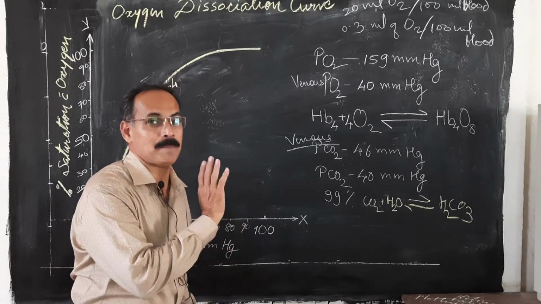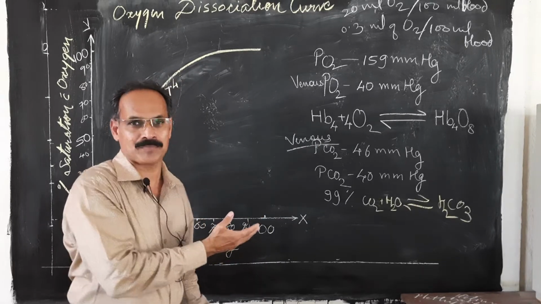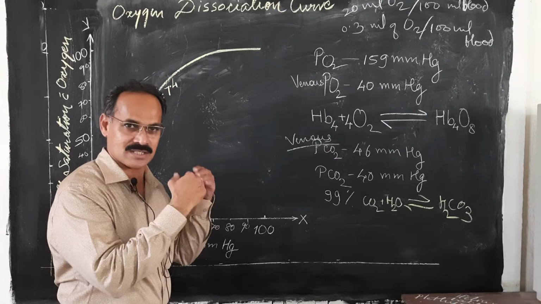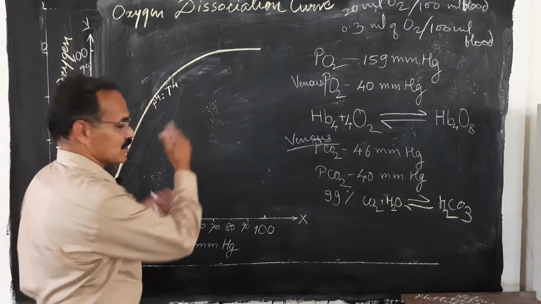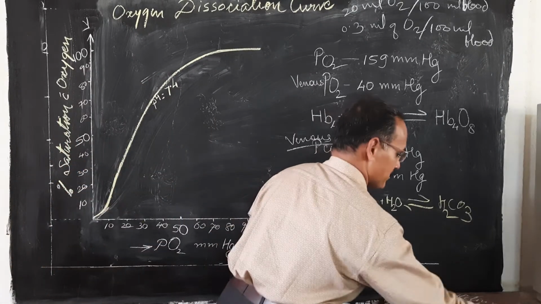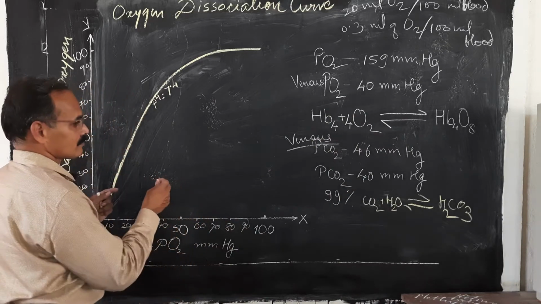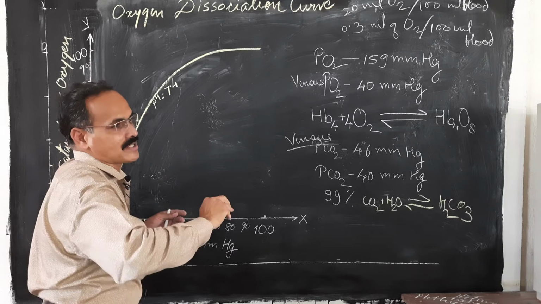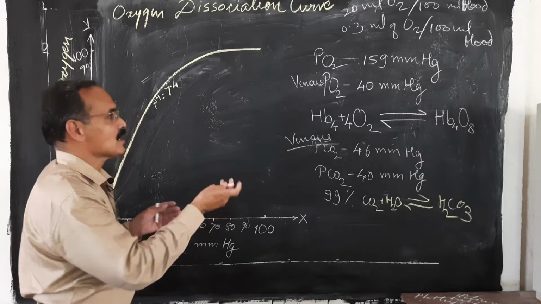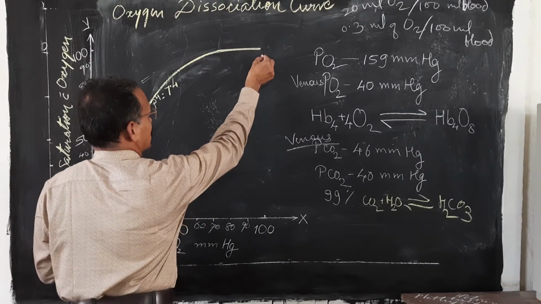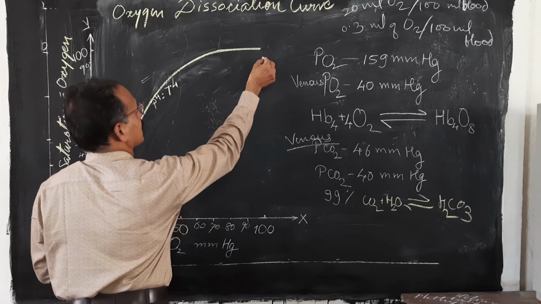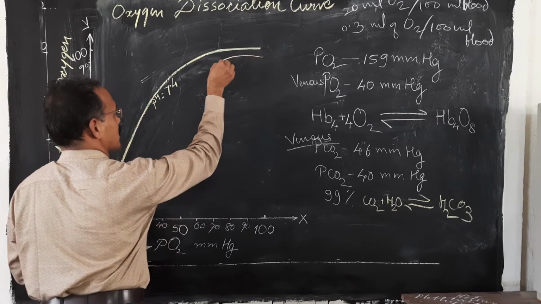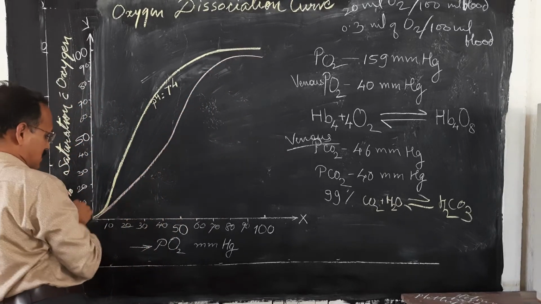So definitely pH has to change. If pH is changing, definitely dissociation is disturbed. How is that? Let us see. Suppose CO2 is more, so H+ ion concentration increases again, so pH changes, and the graph becomes like this.